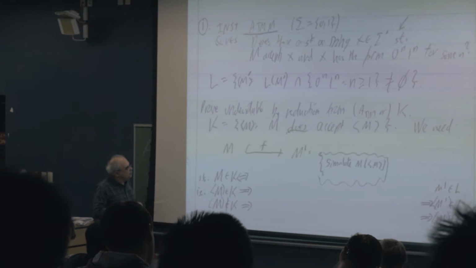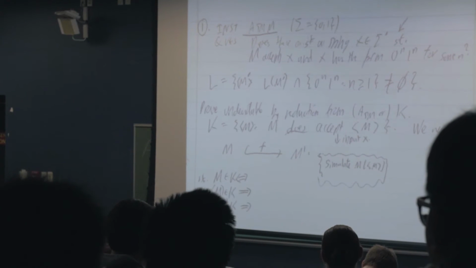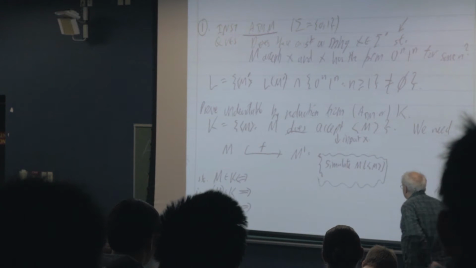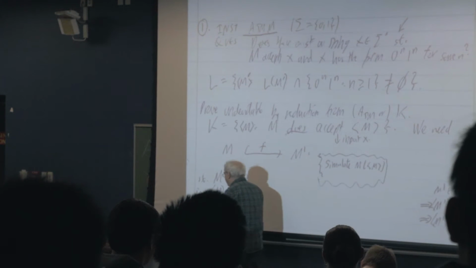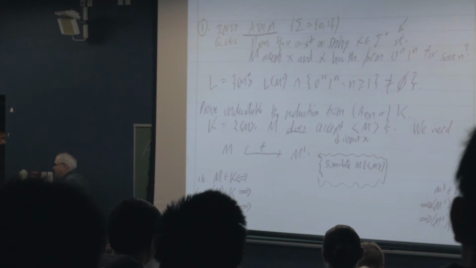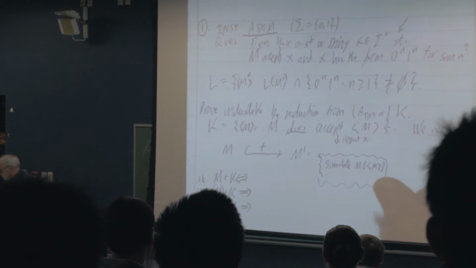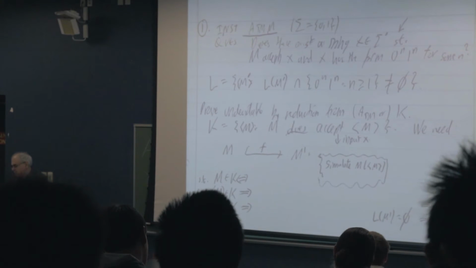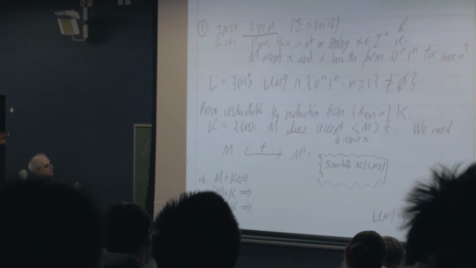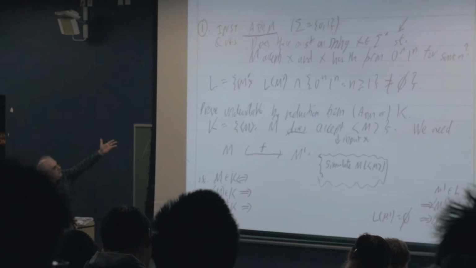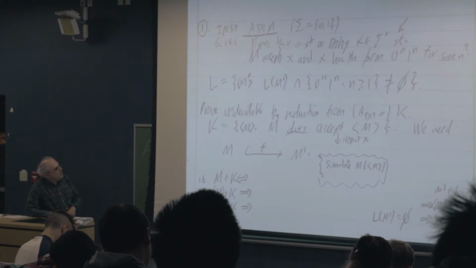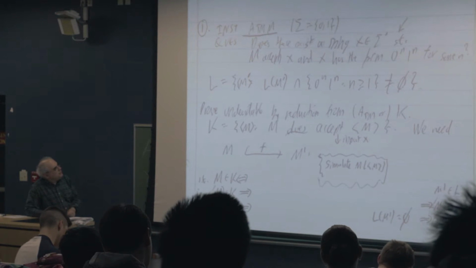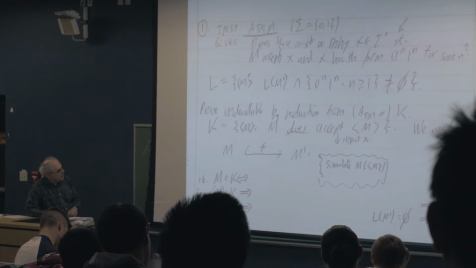Another thing you can write is, if we can make the language of M prime be the empty set, okay, then we're going to have that the code of M prime does not belong to this L, because it's going to fail the conclusion of having a non-empty intersection.